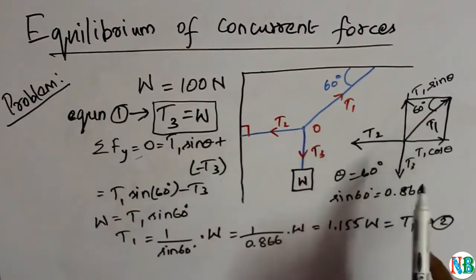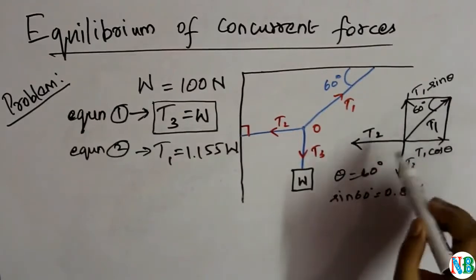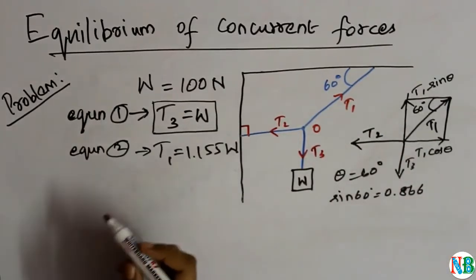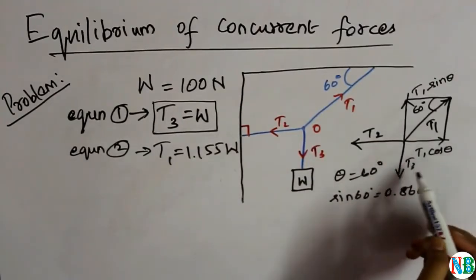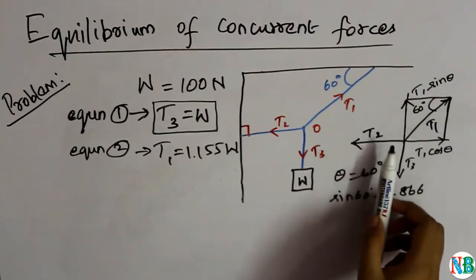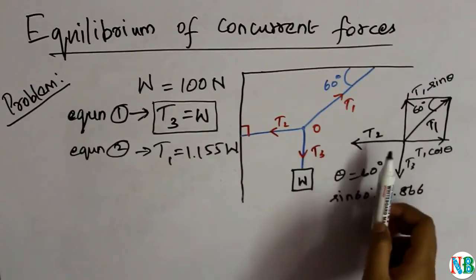Now we are going to find the X component of T1, the tension of rope 1. So what is the X component? It is T1 cos theta, and the X component has another force acting opposite to it, that is T2.